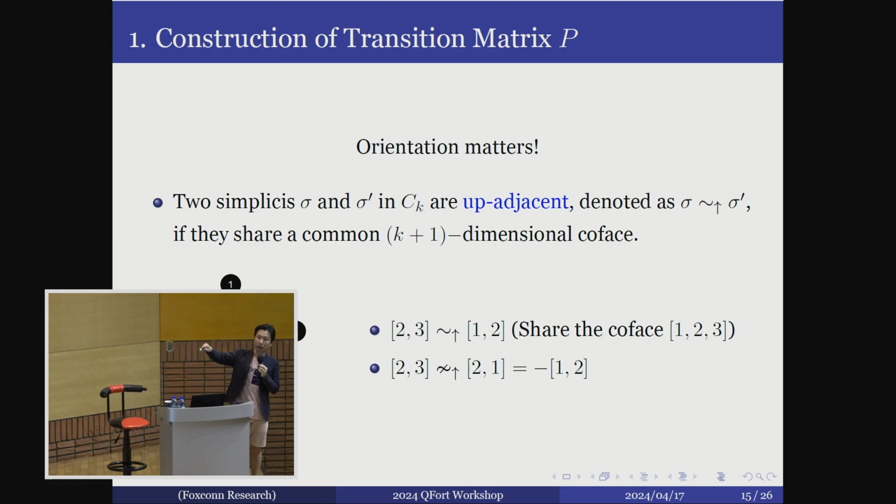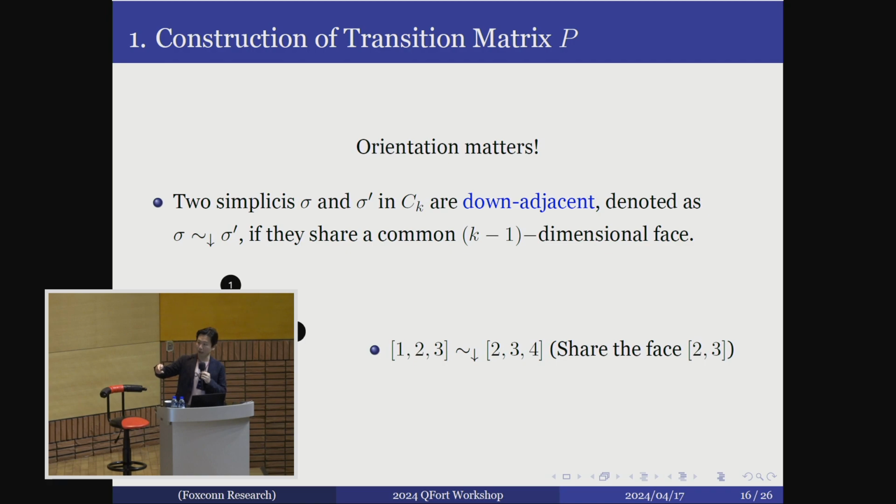So this is an example. For 2, 3 and 1, 2, this is up adjacent because they share this coface 1, 2, 3. But if you look at the inverse direction, for example 2, 3 and 2, 1, this is not up adjacent by our definition. So this orientation matters.